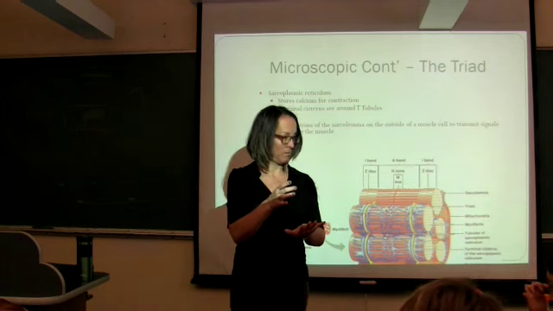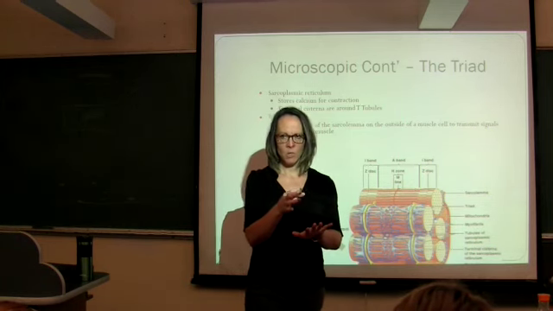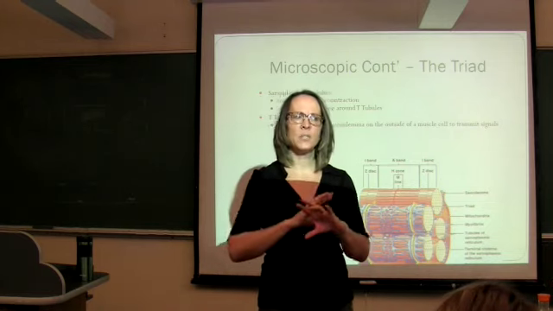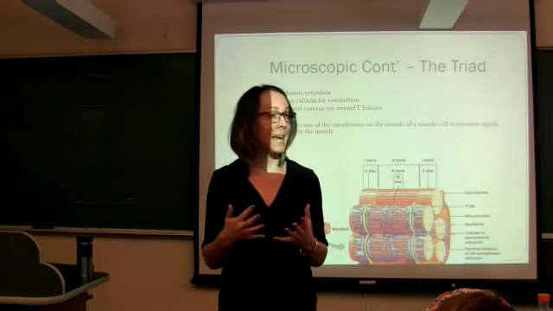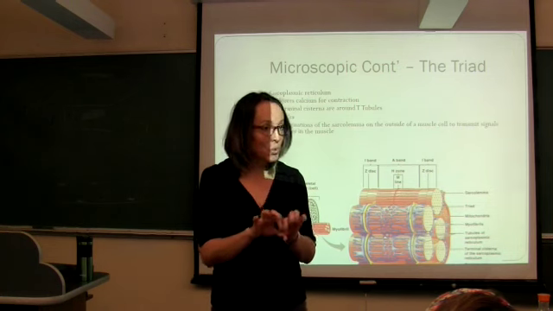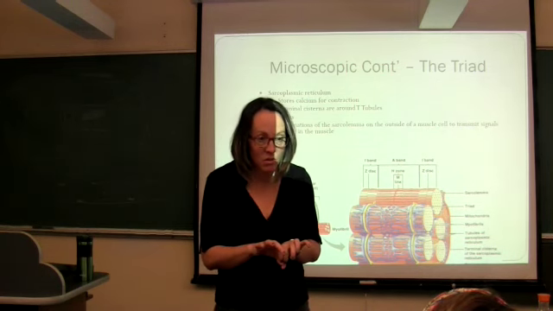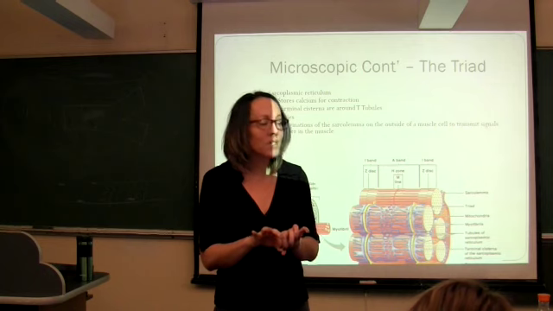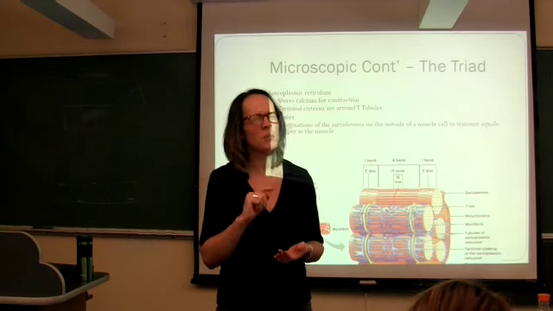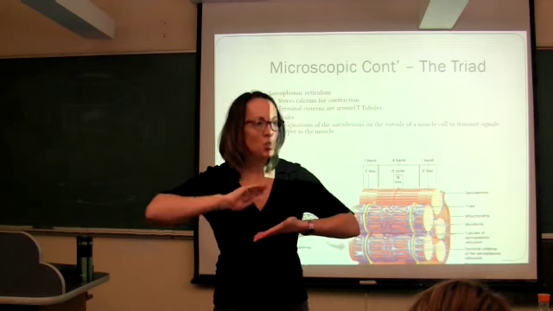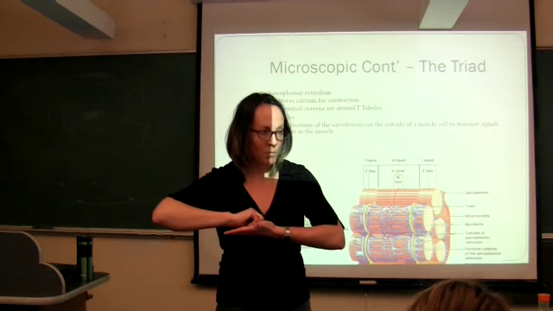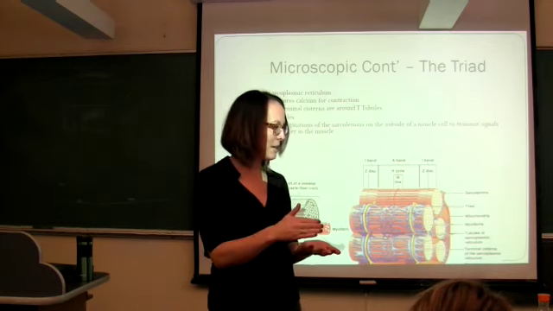Are you with me? Now when the action potential goes down the muscle cell, it releases calcium into the muscle cell. That calcium allows actin and myosin to join together. So it's the calcium that allows that to happen.